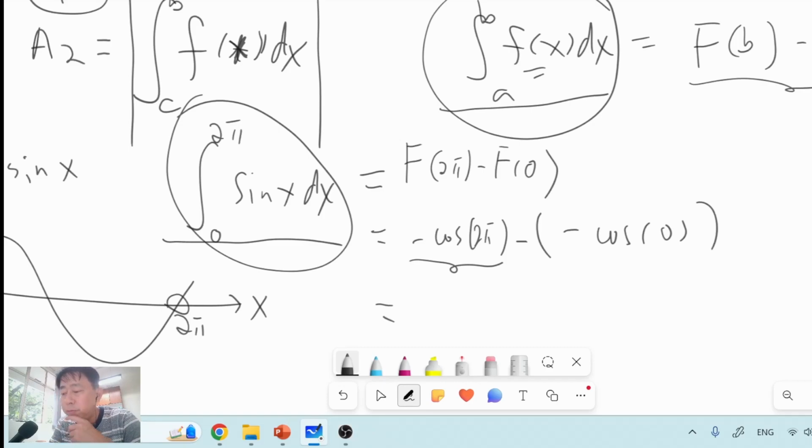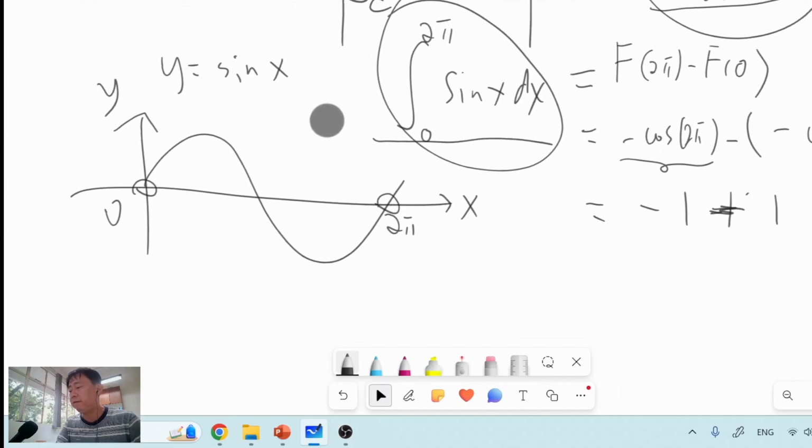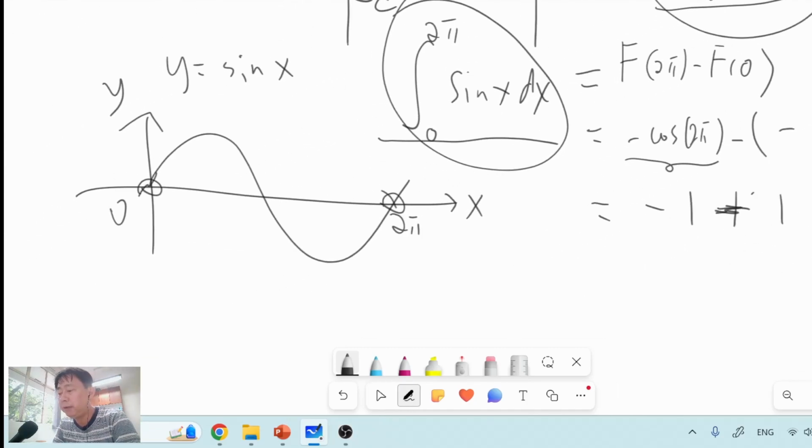So cos of 2 pi is 1, and minus cos of 2 pi gives minus 1, and then you have minus minus, so you have plus, and you have cos of 0, which is 1. So you end up with minus 1 plus 1, which is 0. So it is understood then the definite integration of the sine function from 0 to 2 pi is just 0.